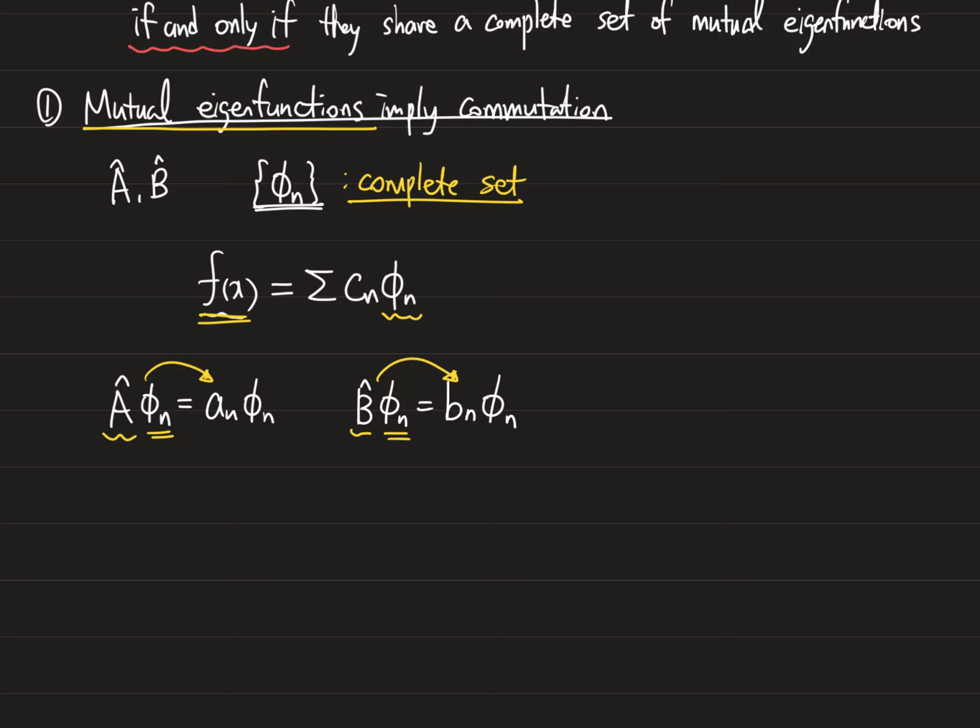Let's apply the commutator to the arbitrary function f(x) to see the impact of the order of applying the operators. We want to discuss the impact of the difference in multiplying order on f(x).